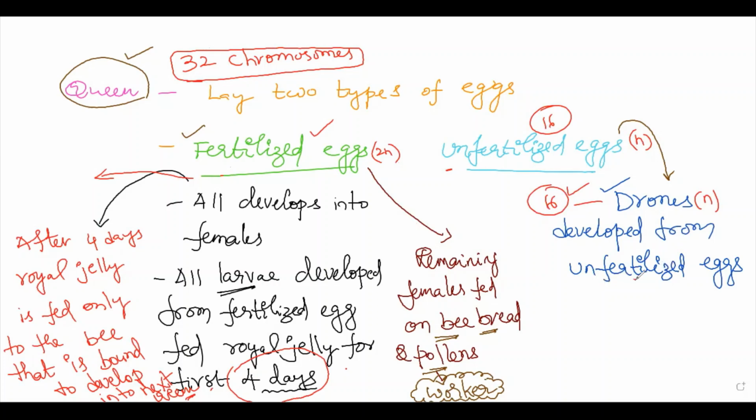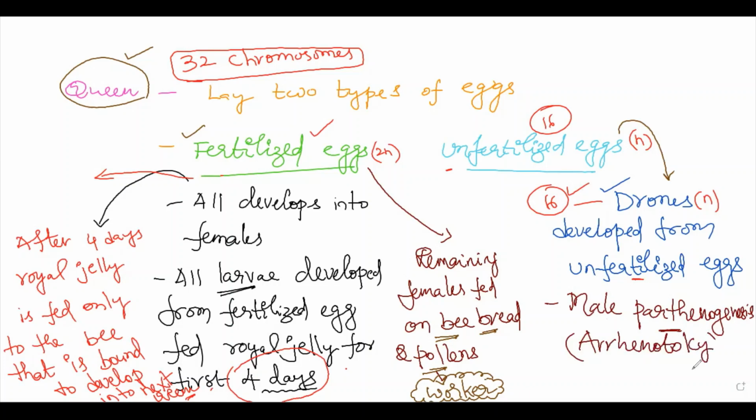The development from unfertilized eggs is a process of parthenogenesis called male parthenogenesis, also called arrhenotoky.